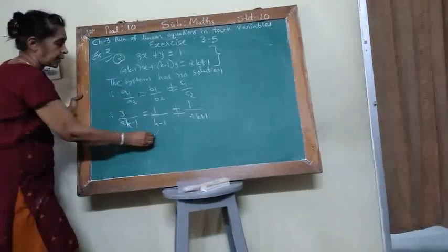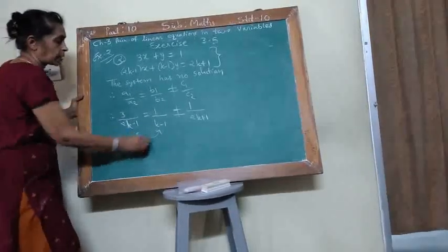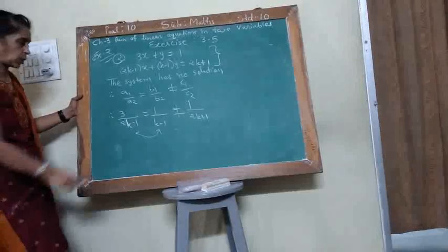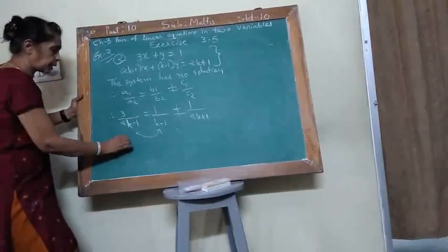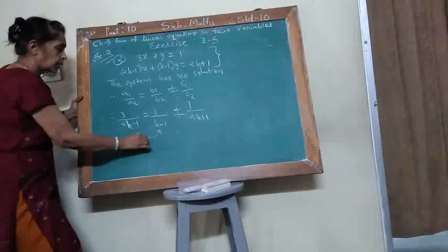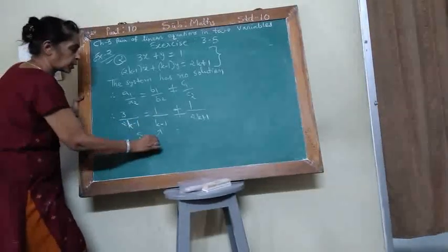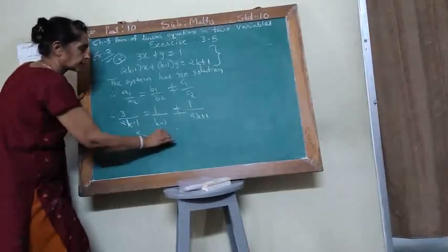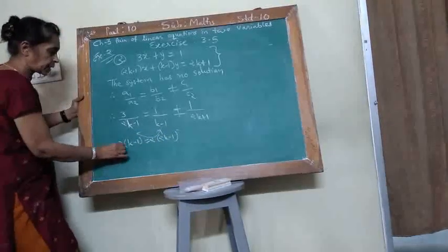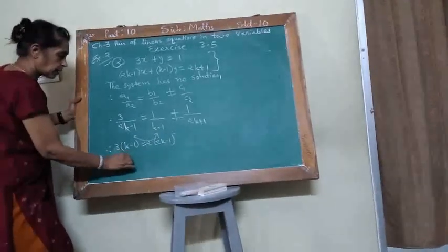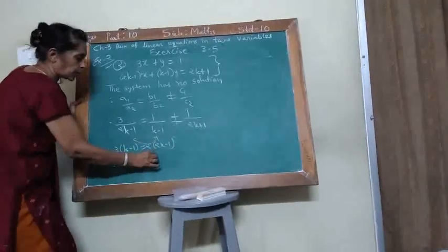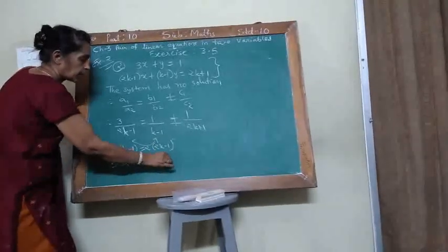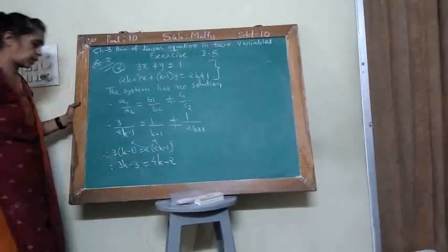So for that I take first and I compare first with second ratio. If you do cross multiplication, then 3 into K minus 1 is equal to 2 into 2K minus 1. Simplify this. 3K minus 3 is equal to 2 into 2K, 4K minus 2.